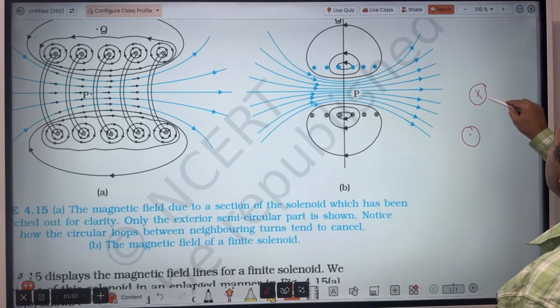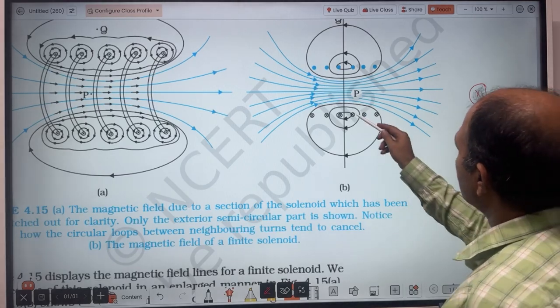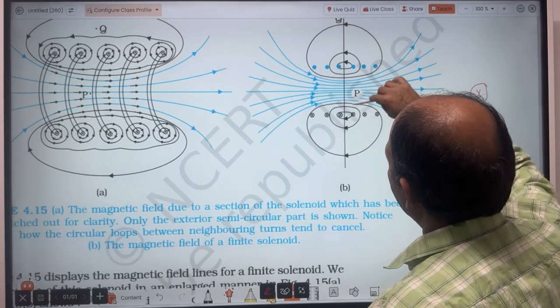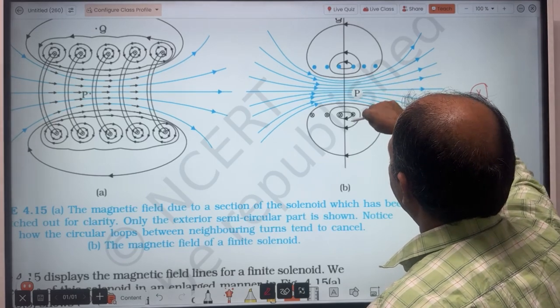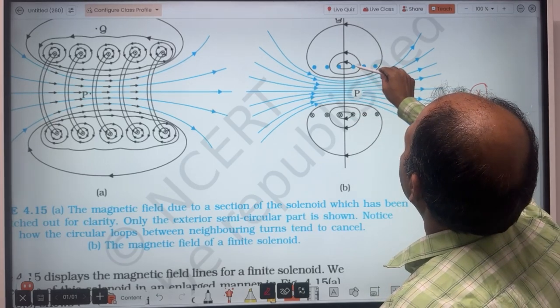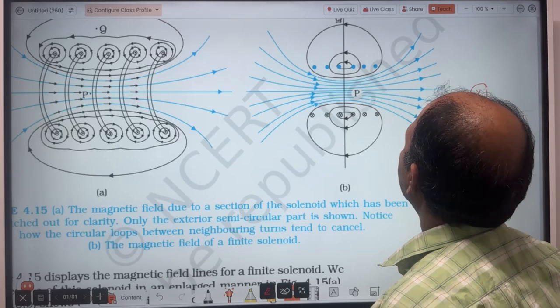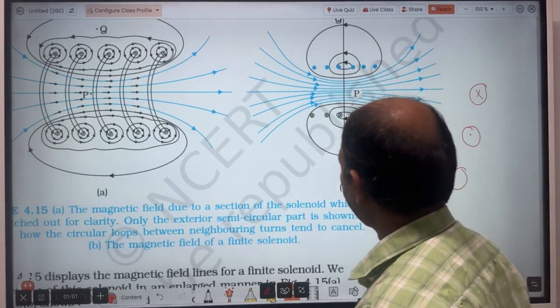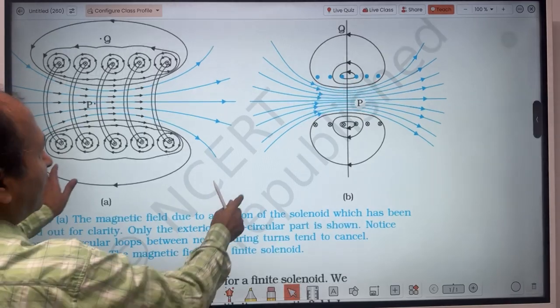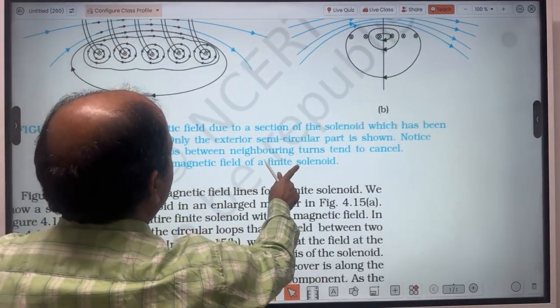If we put a cross inside, it means the field is entering. So here there is a cross, it means the field is entering, inside the page, and here dots are given, it means the field is upward, or outside. So this is the basic point that you have understood.